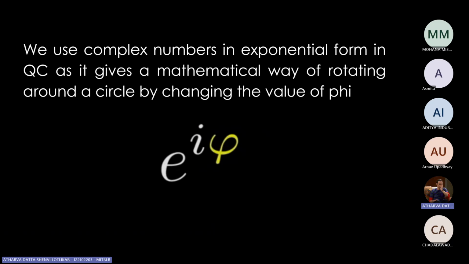So if you have a vector and you're performing any operation, either via gates or a normal tensor multiplication, it's the phi value which will tell you how much the qubit value has changed, not just in the magnitude, but in the direction or phase. That's the whole reason why we use an exponential form instead of the normal Cartesian form when we deal with qubits and complex numbers.